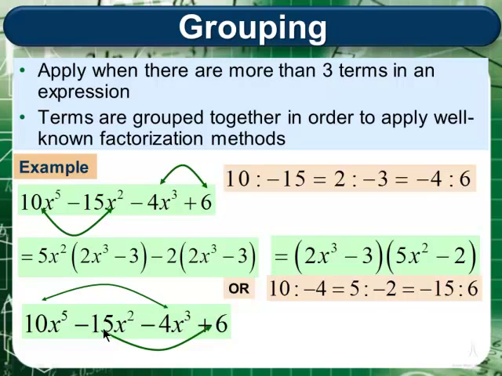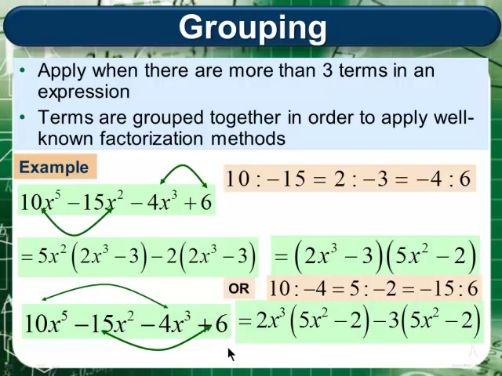In the second case, when we group terms 1 and 3 and 2 and 4 together respectively, we have a similar situation. Taking the common factor now of term 1 and 3, that is 2x to the power 3 again, we're left with 5x squared minus 2, just check that, from term 1 and term 3, and taking the common factor from term 2 and term 4, that is minus 3 in this case, we're left with 5x squared minus 2 again.